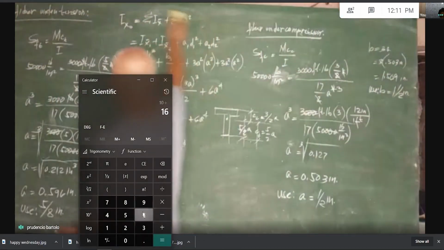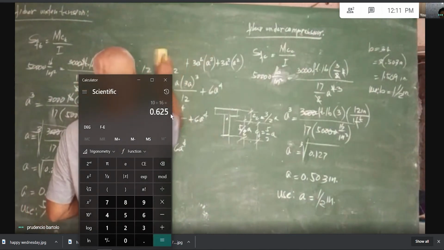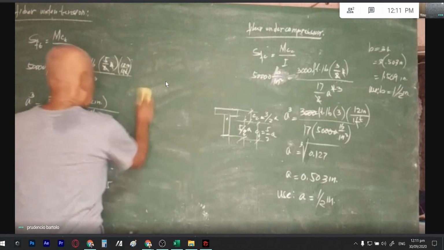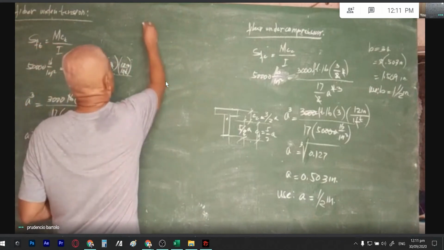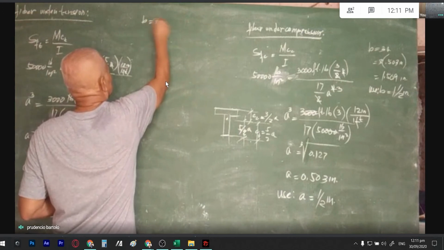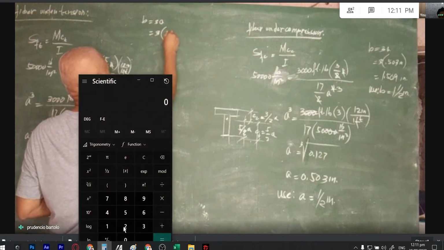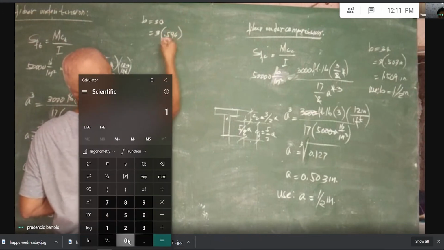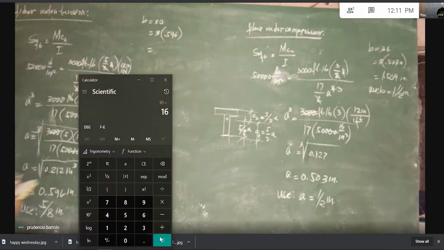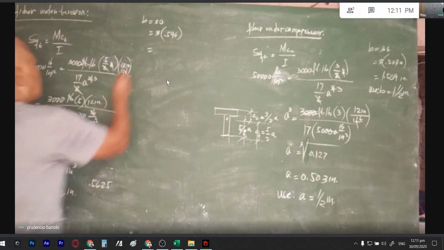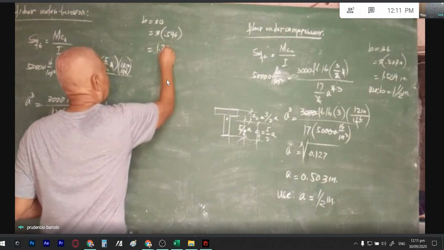So B now, B is equal to 3A, or 3 multiplied by 0.596, or that will give us 1.788.